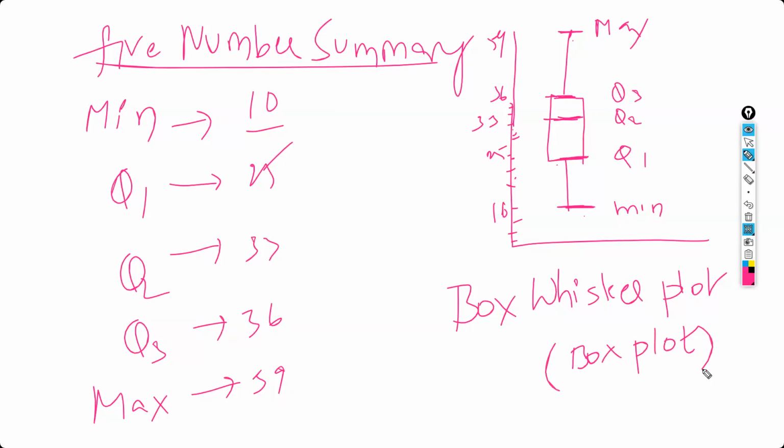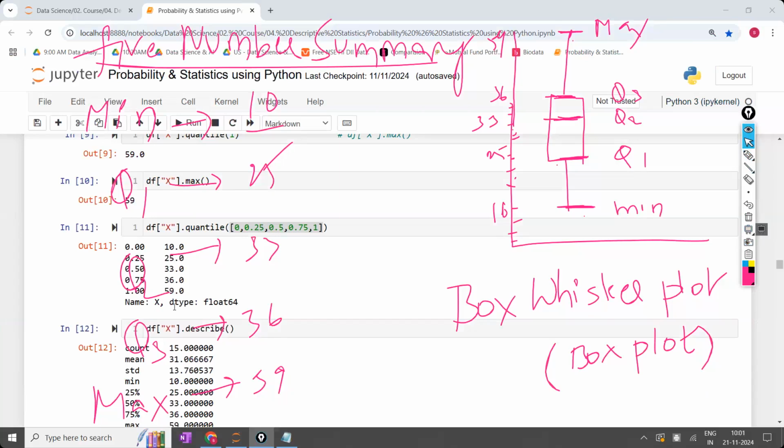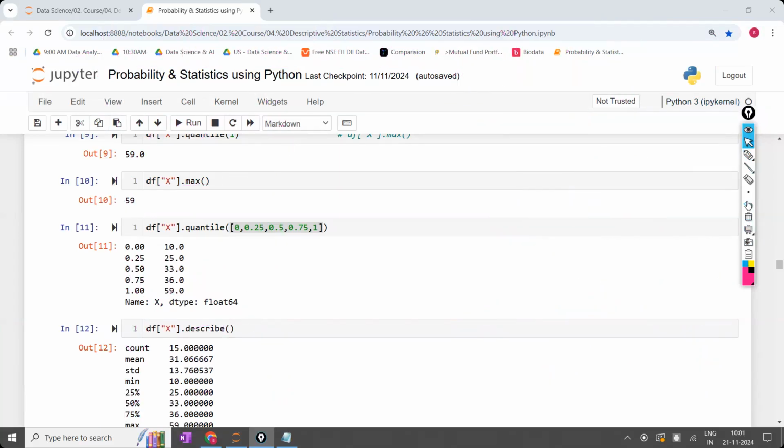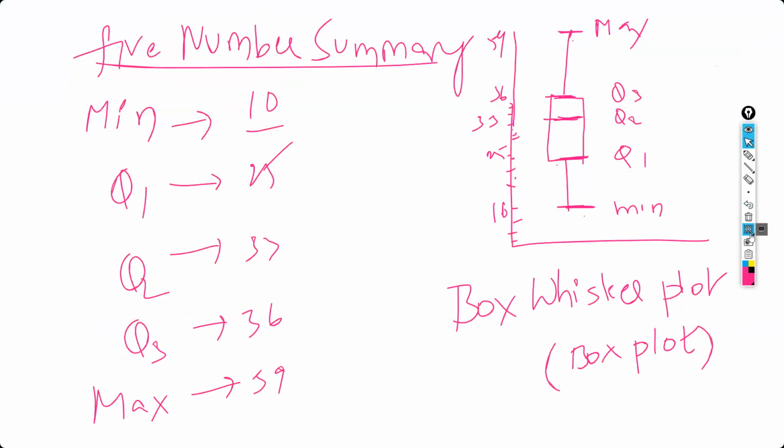Now, what is the maximum value you have? This maximum value is 59. You calculated the upper limit and lower limit earlier. Do you remember the upper limit value? 52.5, that is 36 plus 16.5. And the lower limit value is 8.5.